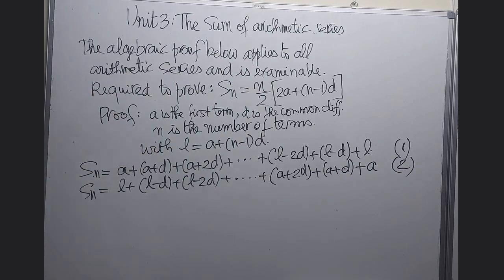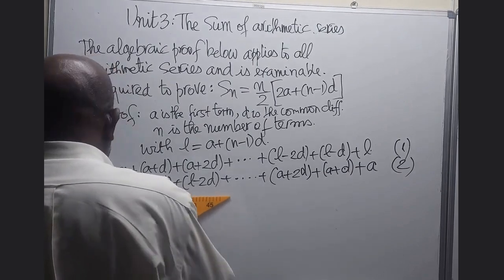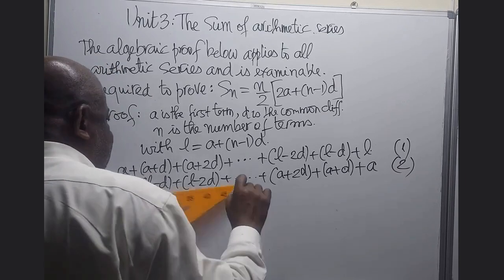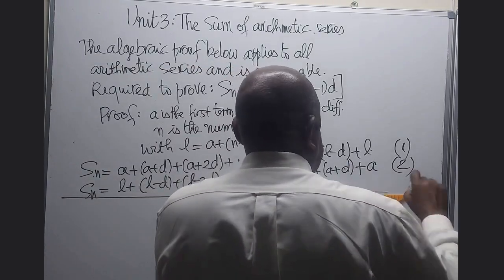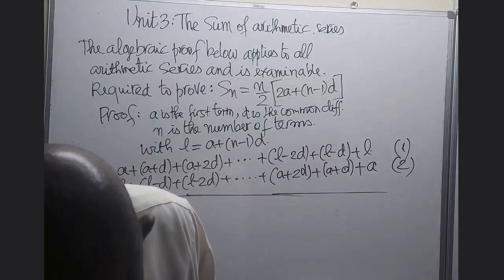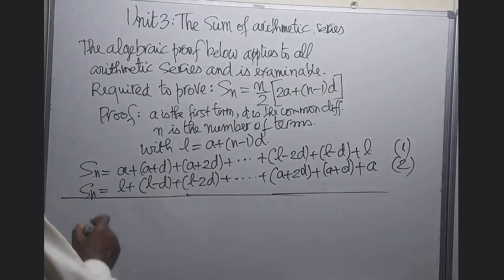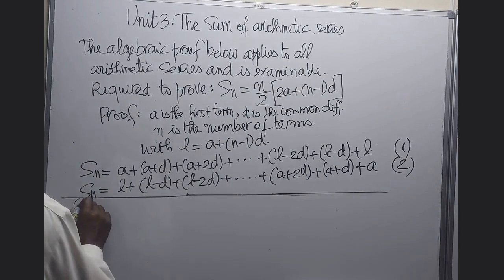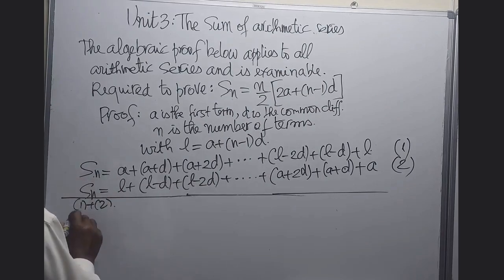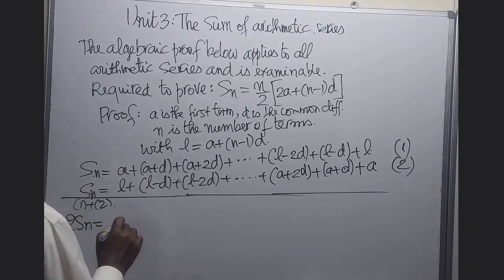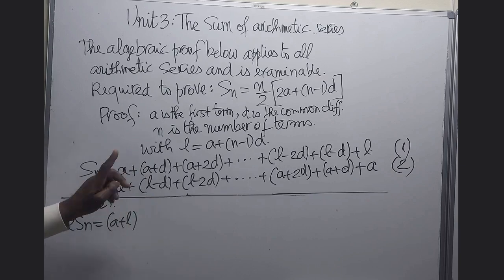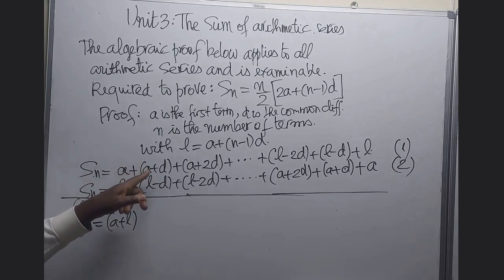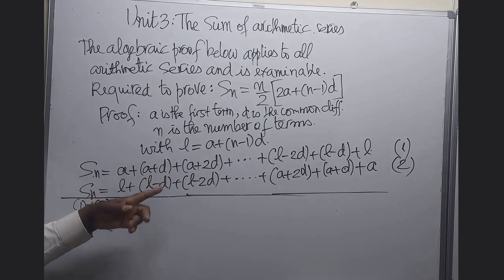So now let's get the sum of these two. As we have done previously, we're going to take 1 plus 2, and then we're going to get 2 Sn will be equal to a plus L. If we consider the next one, you can see here we'll be having a plus d plus L minus d.